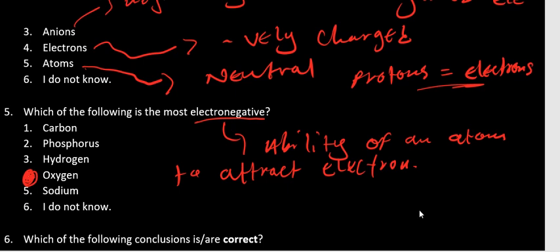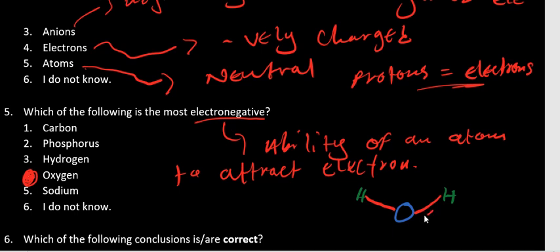So during the sharing of electrons, let's say in a chemical bond between oxygen and hydrogen, a covalent bond, this is oxygen and that is hydrogen there. Okay, if you look at this bond, you discover that oxygen has a high electronegativity, so it pulls electrons toward itself, and hydrogen has less electronegativity.